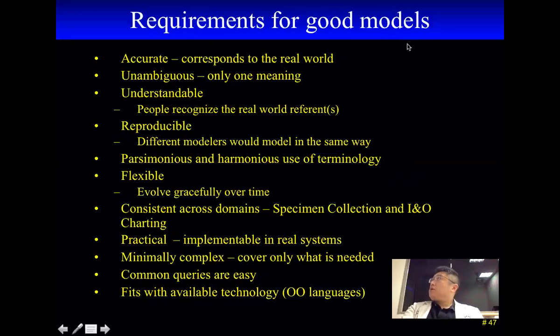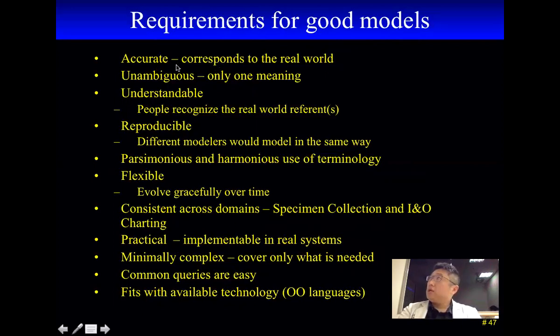Previously we talked about data model representation. The first requirement is that we want it accurate, because our hypothesis is that if we use electronic storage, the data should be faithful to the original meaning.